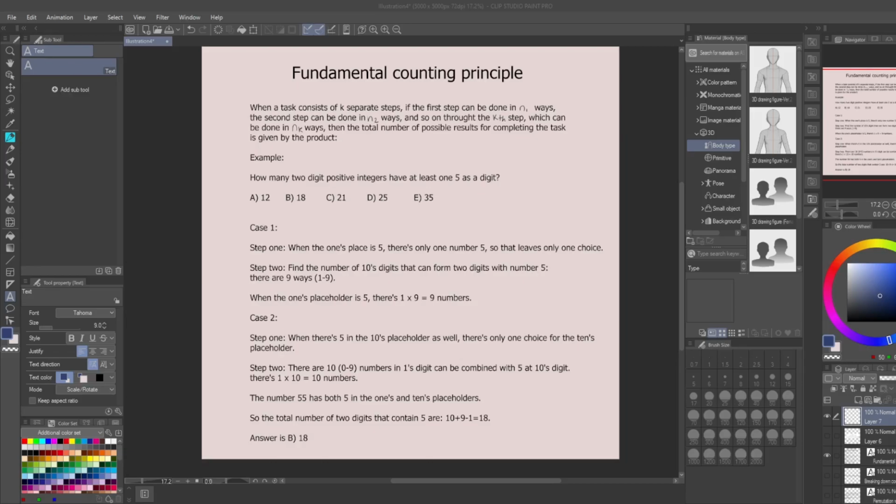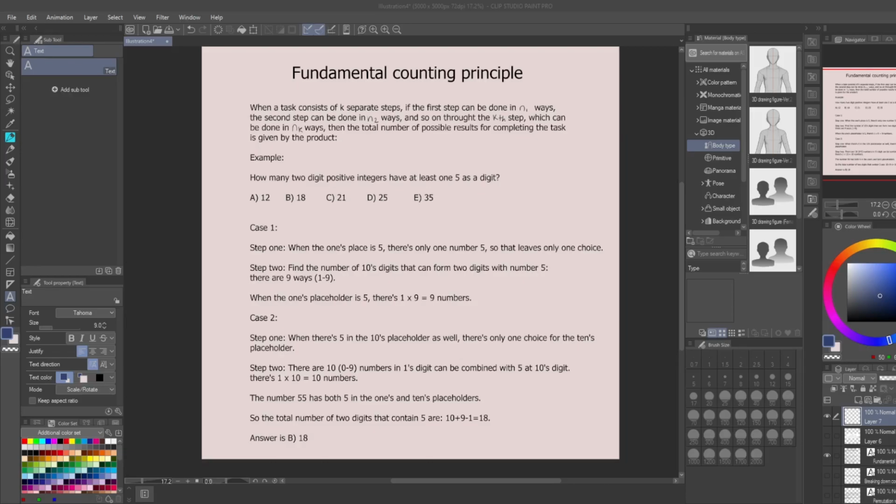So for example, how many 2-digit positive integers have at least 1 five as a digit? A, 12, B, 18, C, 21, D, 25, and E, 35. To use the strategy, we can first start by splitting the question into cases.